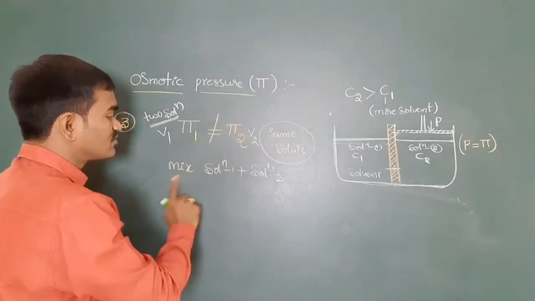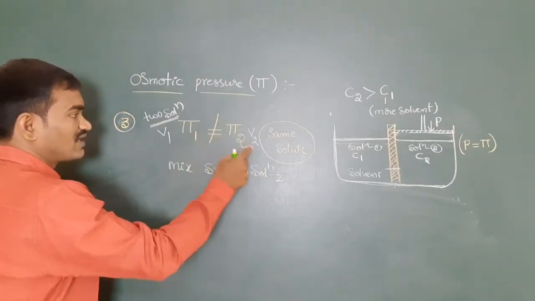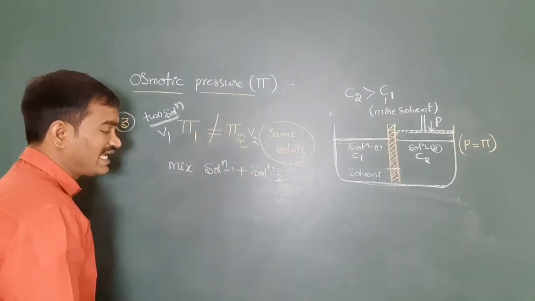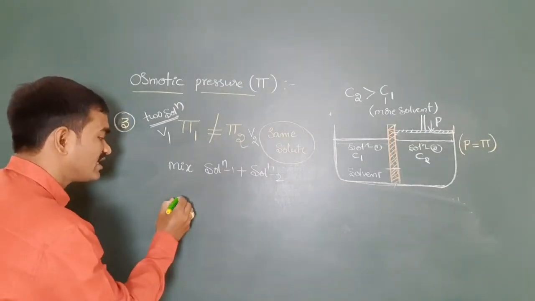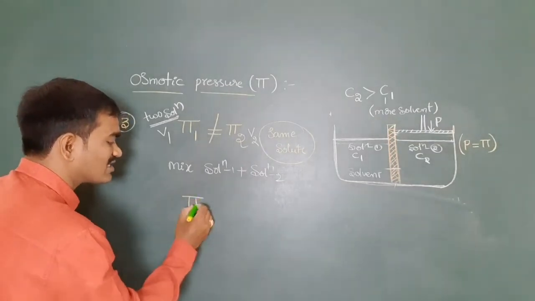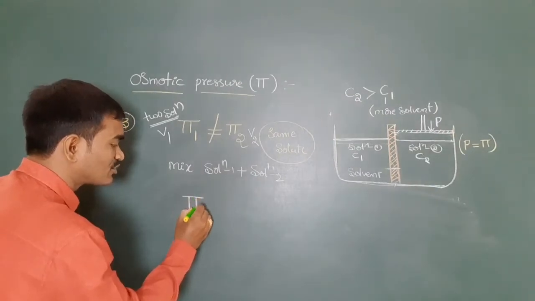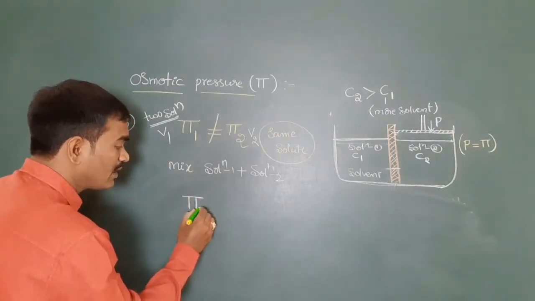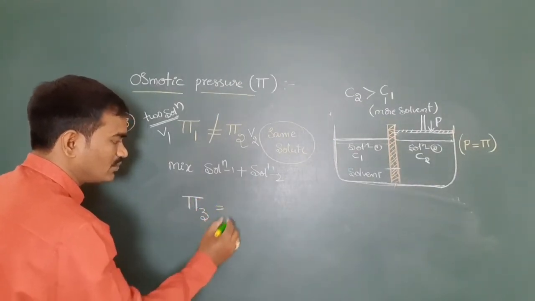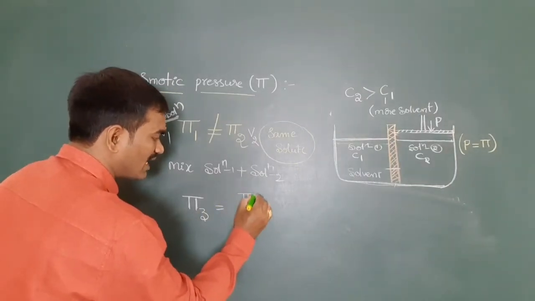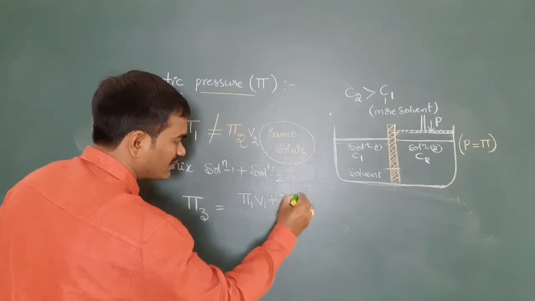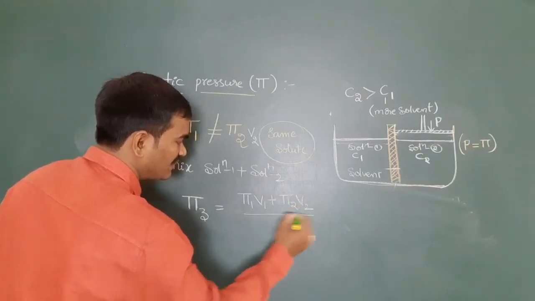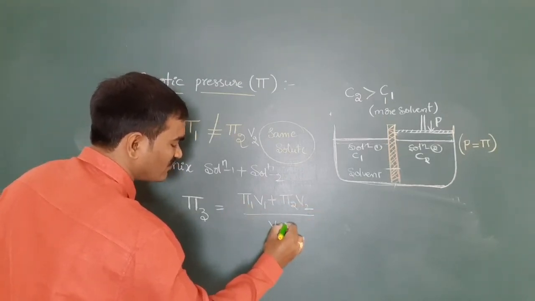Whenever you mix solution 1 and solution 2, what is the third solution's osmotic pressure? So here you see, the resultant solution osmotic pressure, pi 3, is equal to pi 1 V1 plus pi 2 V2 divided by V1 plus V2.